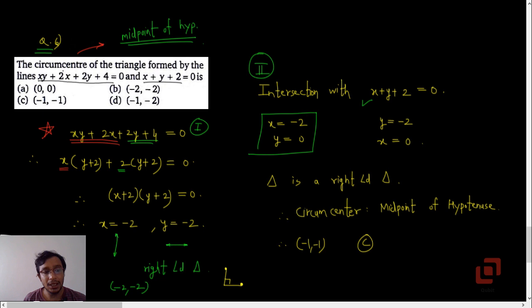And if you let the line y equal to minus 2 intersect x plus y plus 2 equal to 0, you simply have to substitute y as minus 2, so that gives you x equal to 0, which means the line x plus y plus 2 equal to 0 intersects y equal to minus 2 on the y-axis, okay, 0 comma minus 2.